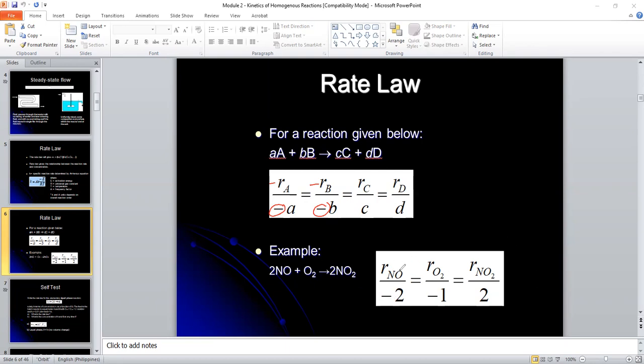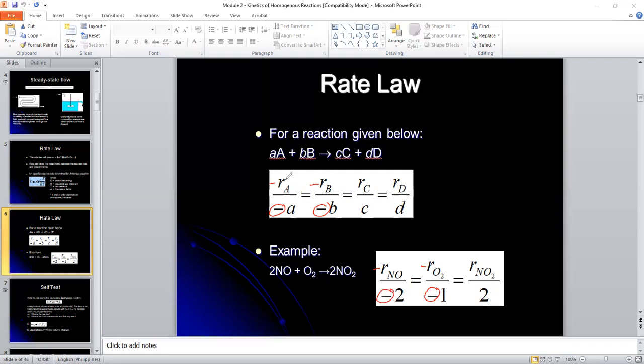So you see that the rate in terms of NO, a reacting species, divided by 2 is equal to the rate in terms of O2 divided by 1, also equal to the rate in terms of NO2, nitrogen dioxide, divided by 2. This is the relationship between the rates of your reaction based on the species in your reaction.